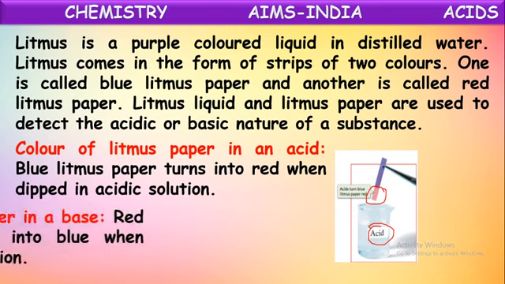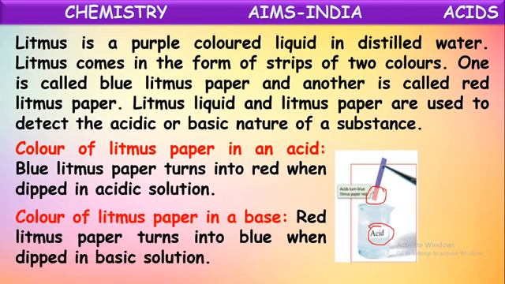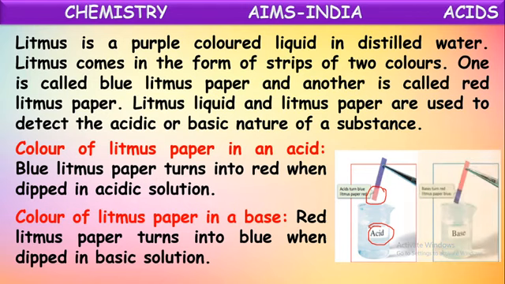Okay. Next, the color of litmus paper in basic solutions. If we dip red color litmus paper into basic solutions, it turns into blue color. Yes, if we take some red litmus paper and dip it into this base solution, it turns blue. So by this property, we can identify base solutions.